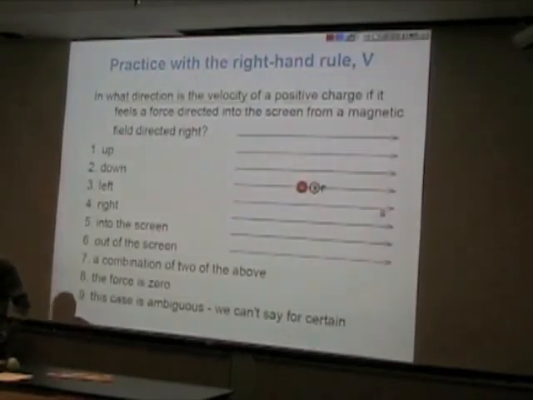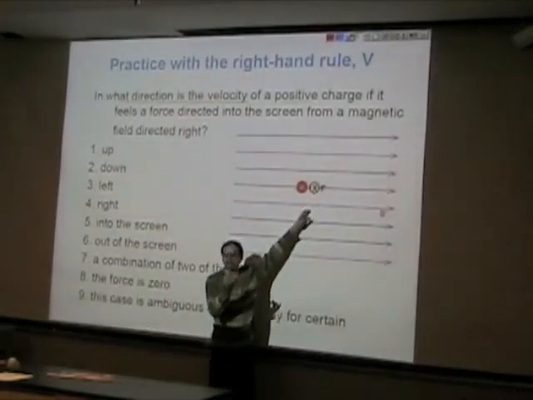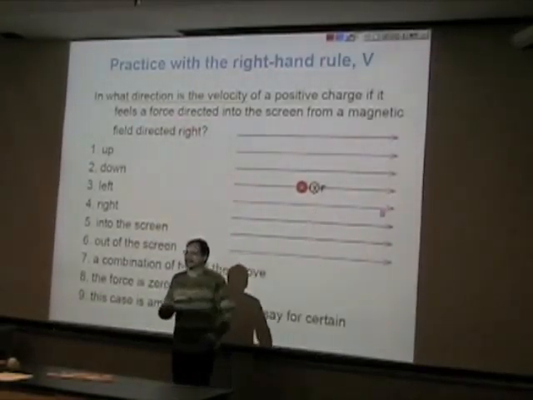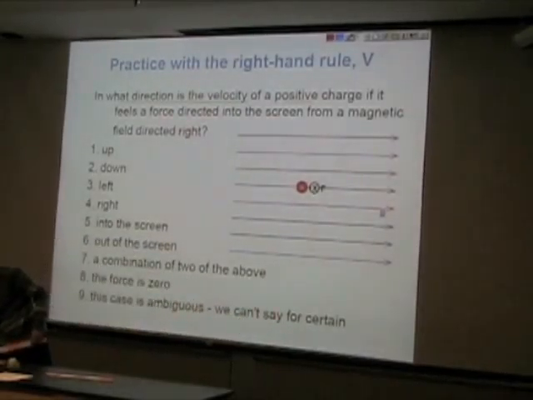Well, and one more question. Now what we know is the force and the field. This black circle with a cross represents the force directed into the screen. I'm going to start collecting your images.